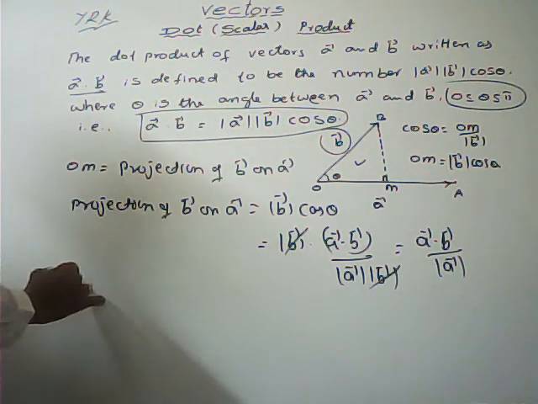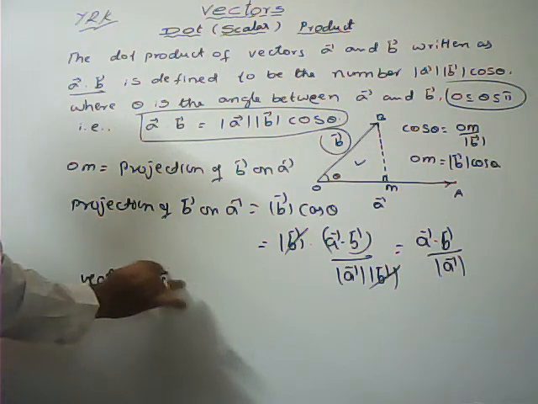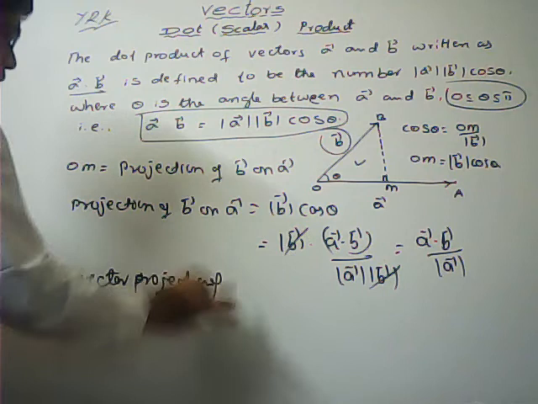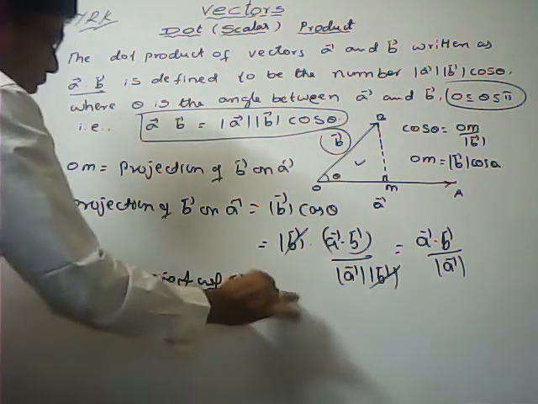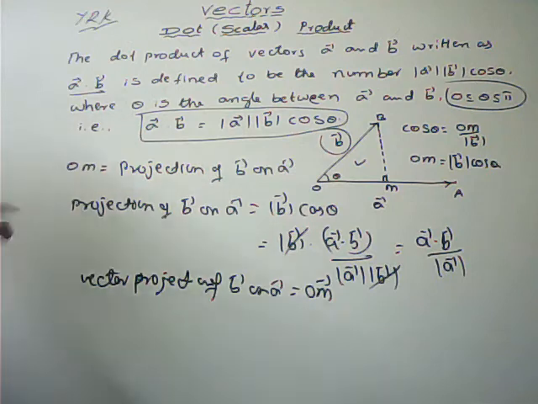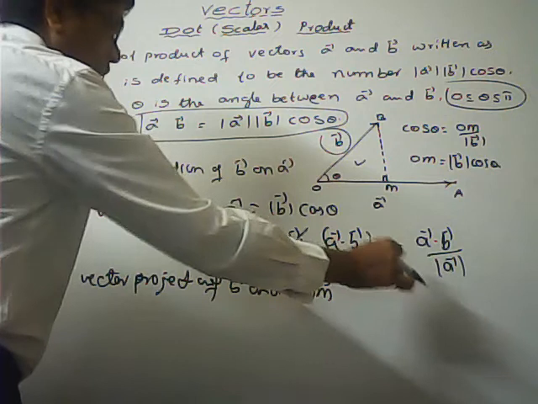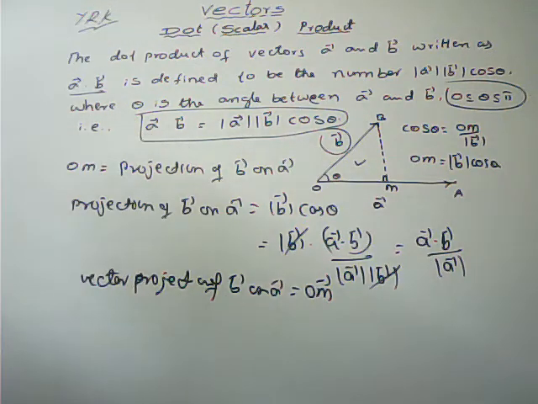If I want the vector projection of B bar on A bar, how do we get that? That is equal to OM bar. We got the scalar OM as A bar dot B bar by modulus of A bar.